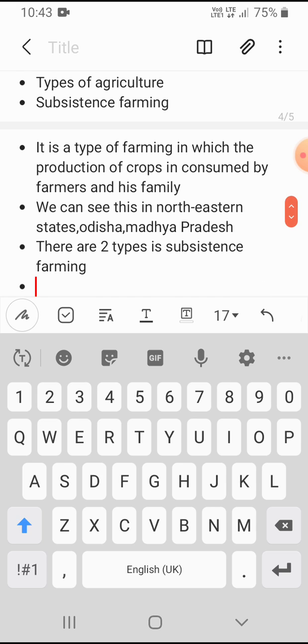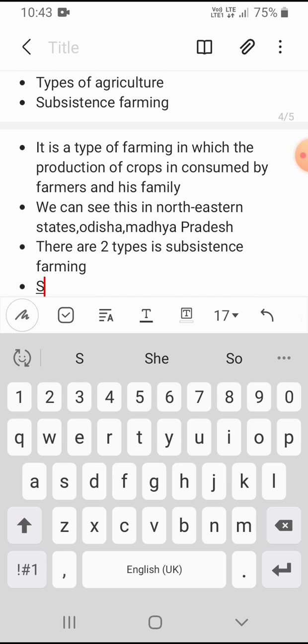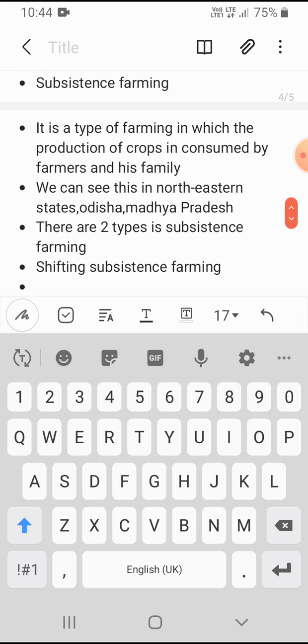There are two types. One is shifting subsistence farming. So what is shifting subsistence farming? Let's know about that. Then we will go for next topics.